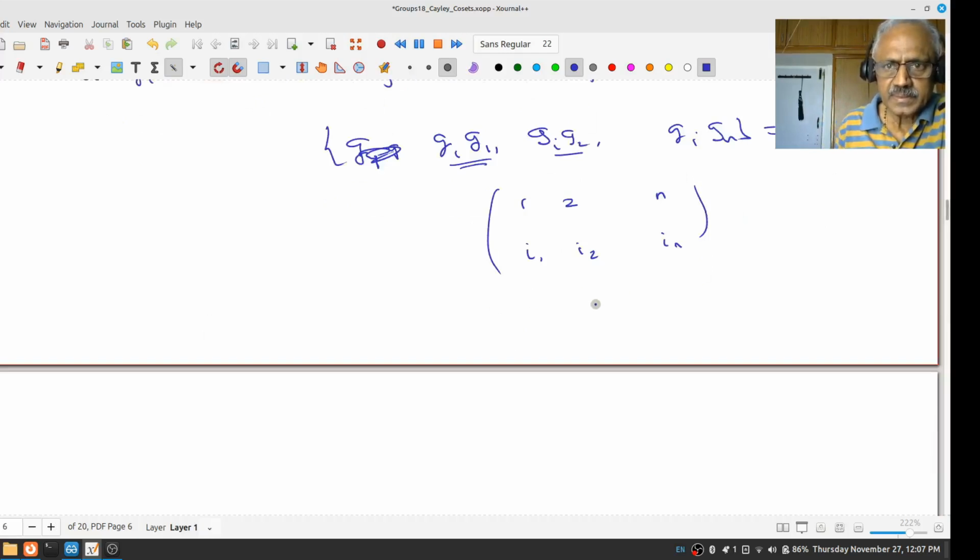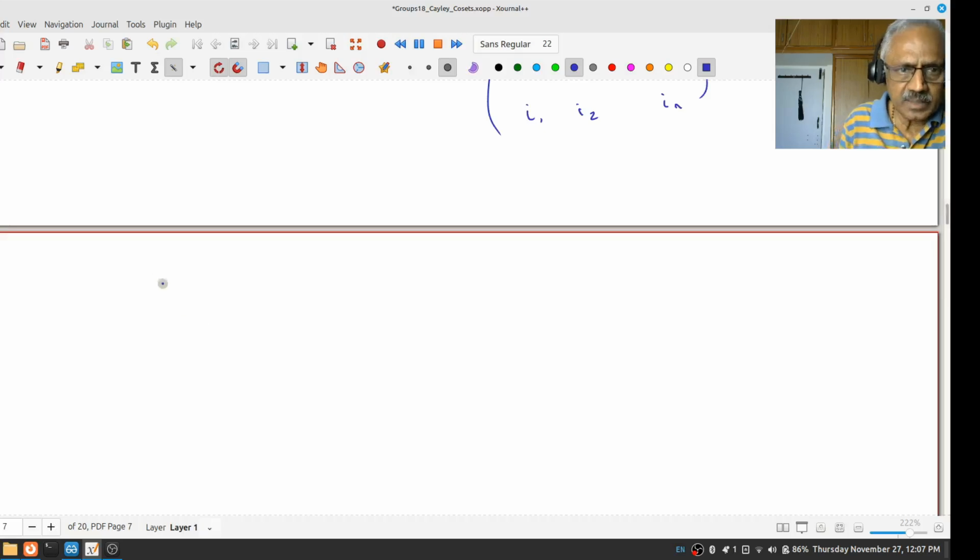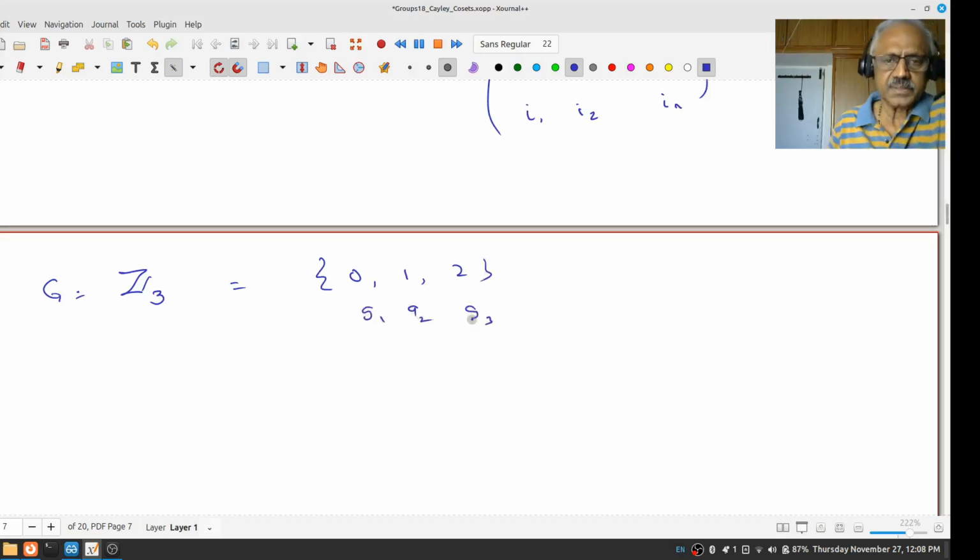Okay. So if you want, let me just look at again a simple example. Suppose my G is Z3. So it has three elements 0, 1 and 2. This is my G1, G2, and this is G3. Now let us look at my A equal to, let us say, G1. Then what will happen? 0 plus 1 gives 1, and 1 plus 1 is the second element, and 2 plus 1 is the third element.